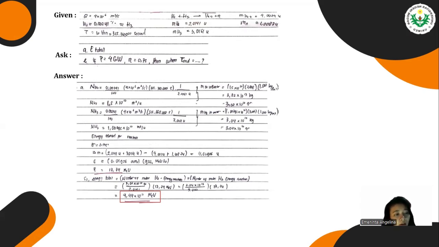If P is 4 gigawatt and the efficiency is 0.75, then when does the time end?